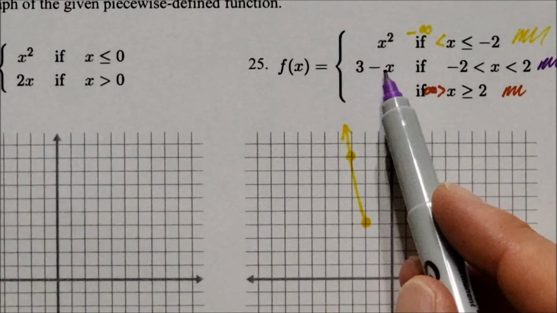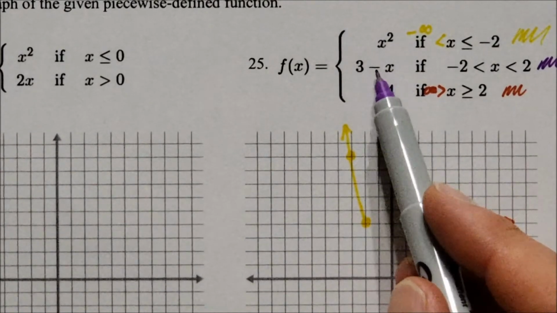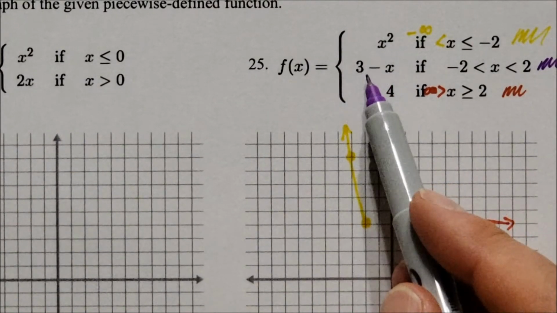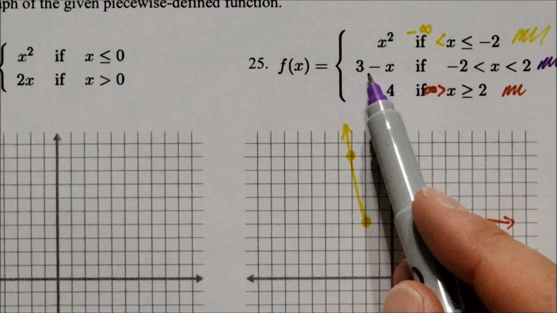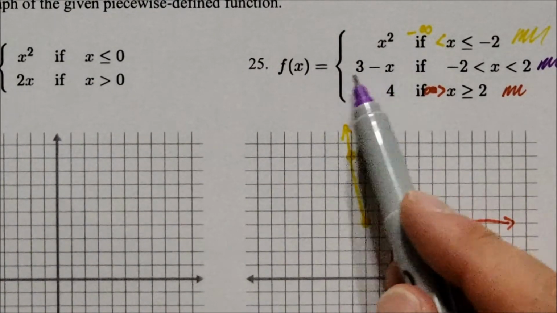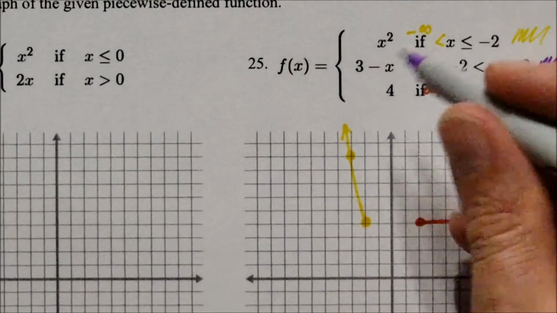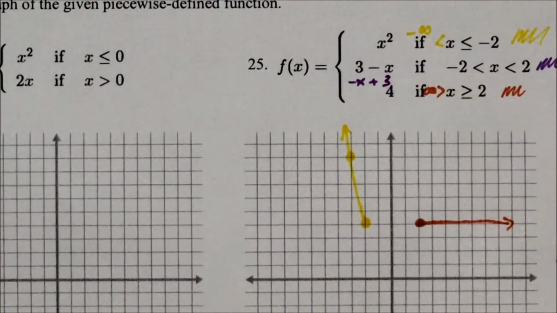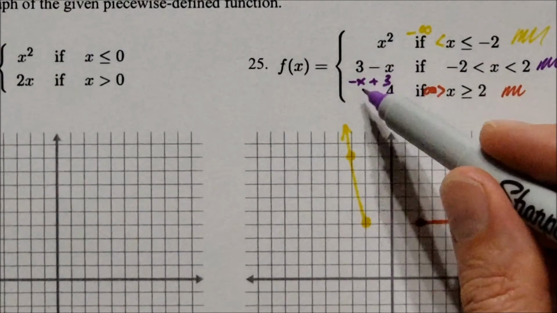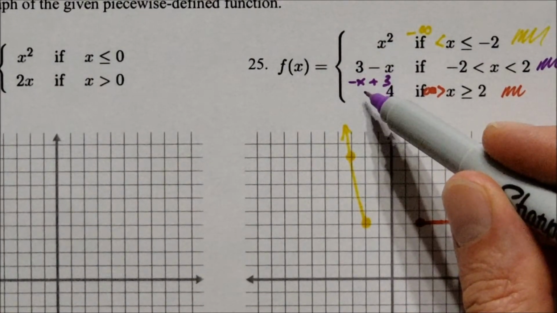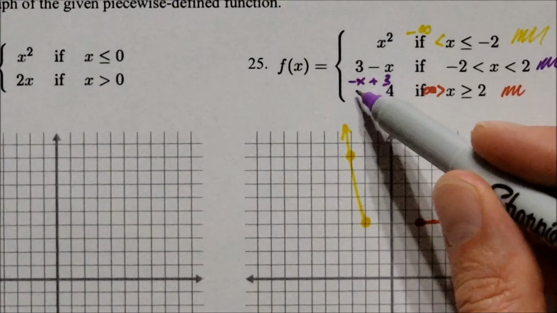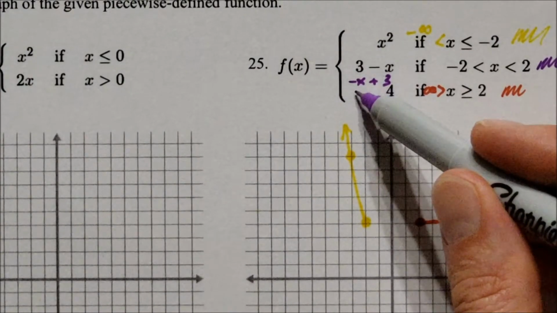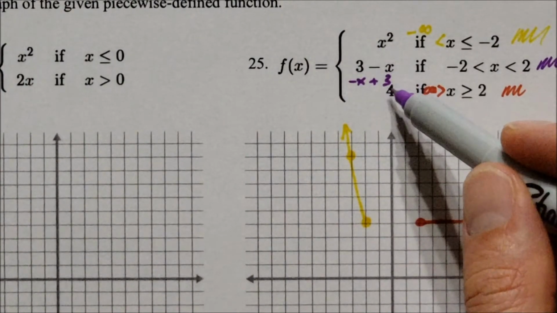If we use our associative property and the commutative property, and commute these because this is addition, we would have -x plus 3, which can sometimes more easily be seen as -1x, as -1 is the slope, plus 3 is the y-intercept.